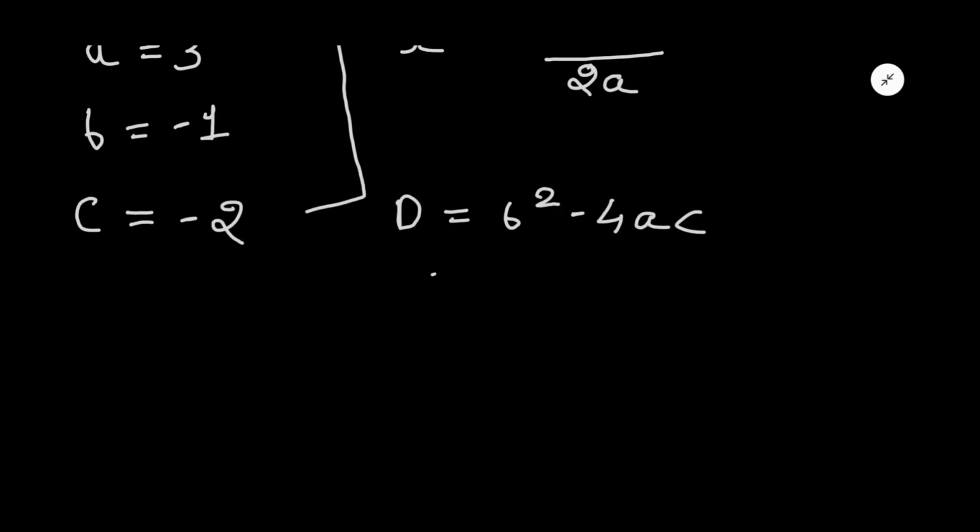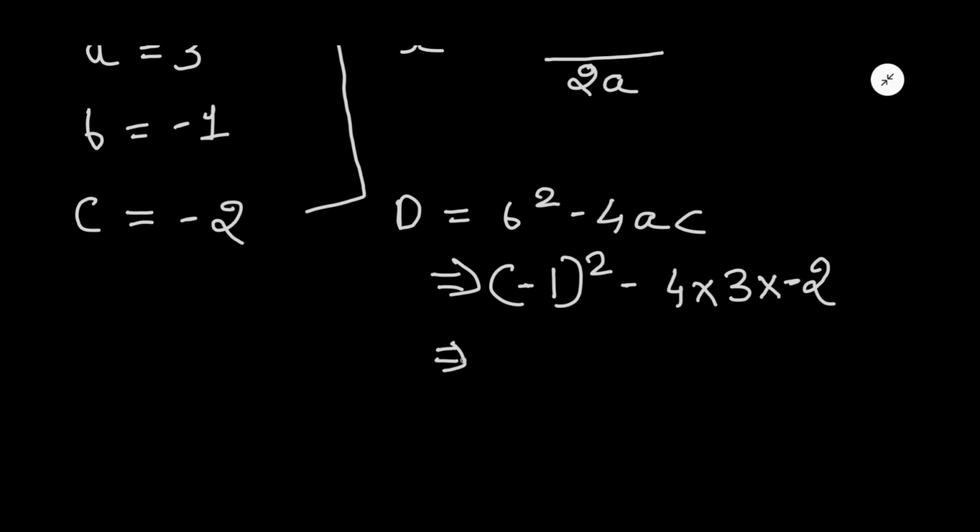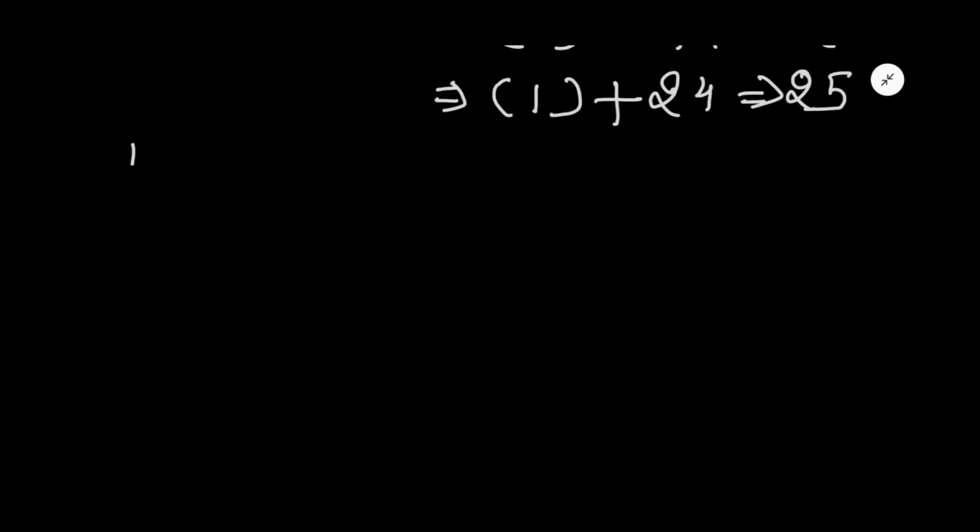The value of b is minus 1, the value of a is 3, and the value of c is minus 2. So minus minus is plus. Here also minus minus is plus. So it becomes 24. 24 plus 1 is 25. So the value of D is 25.